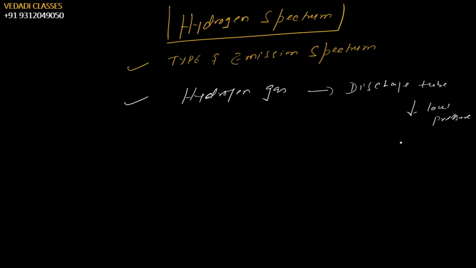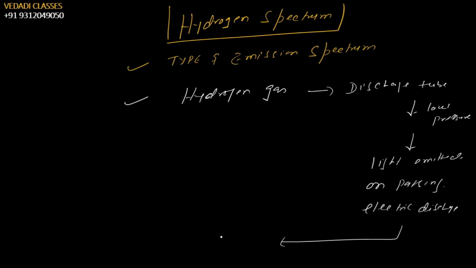and the light is emitted on passing electric discharge, and whatever light is emitted is observed by a spectroscope.